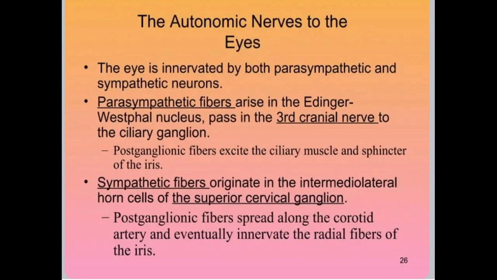The two branches of the autonomic nervous system, sympathetic and parasympathetic, have opposing effects on the pupil size and the shape of the lens. The sympathetic nervous system stimulates the dilator muscles in the iris, causing the pupil to dilate or enlarge. This response is important in low light conditions to allow more light to enter the eye.